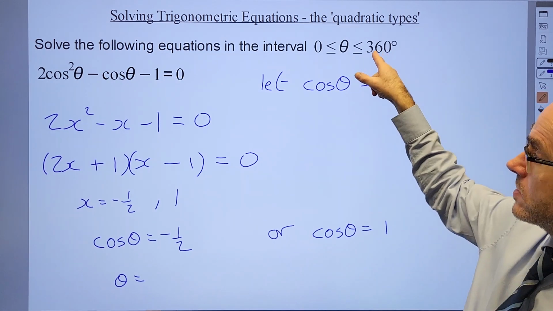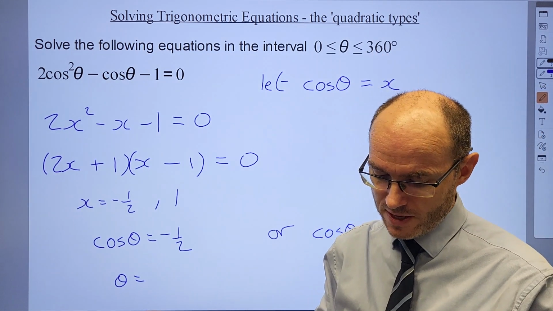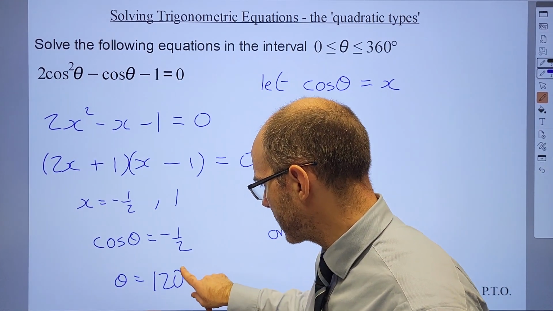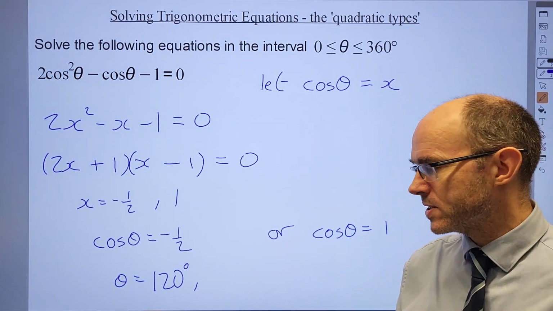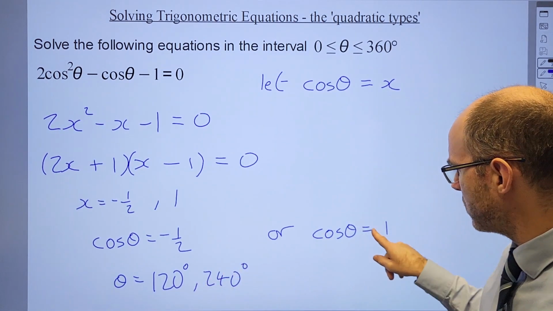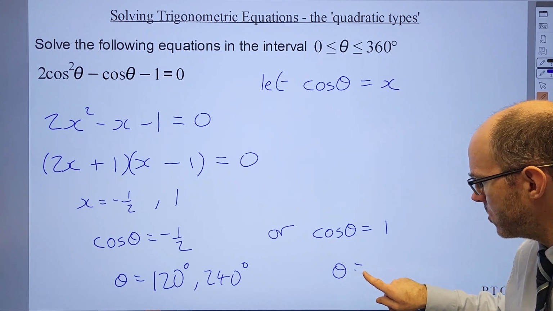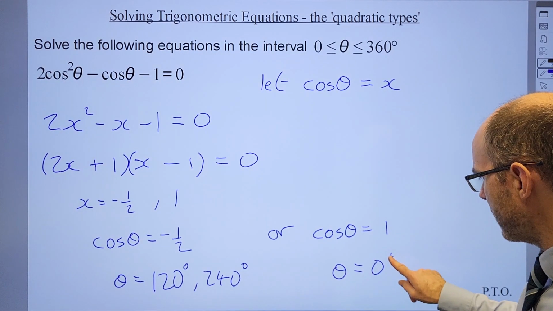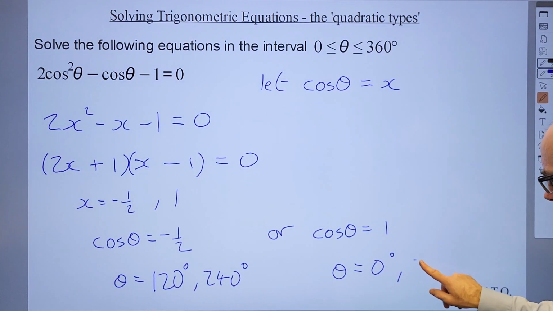Make sure calculator's in degrees mode. Negative 0.5, 120 degrees. And then your second answer, you subtract from 360 degrees, it gives you 240, so that's that. And then this one, you should know that inverse cosine of 1 is 0, but check it if you wish in your calculator. And then same rule as this, subtract your first answer from 360, get 360.